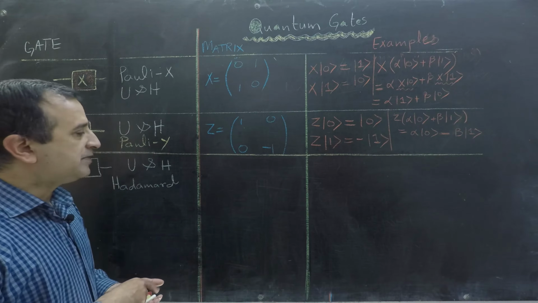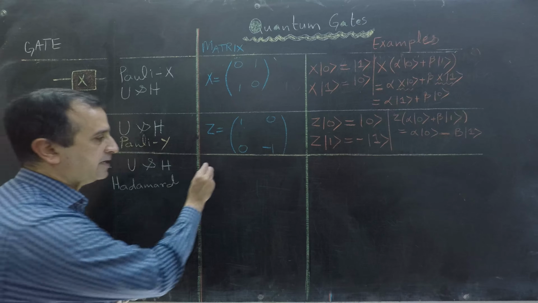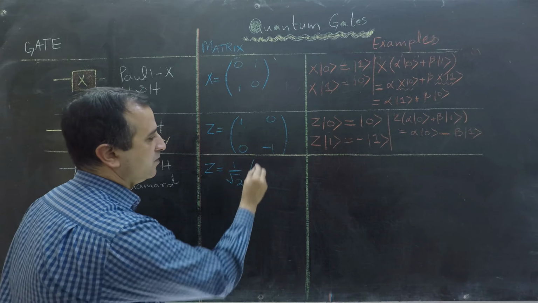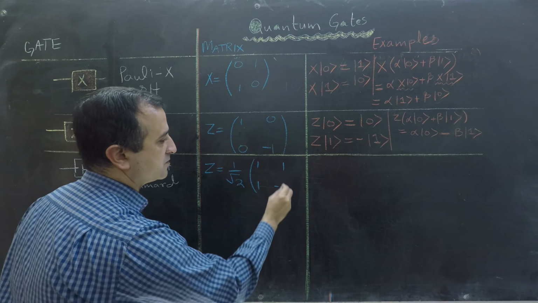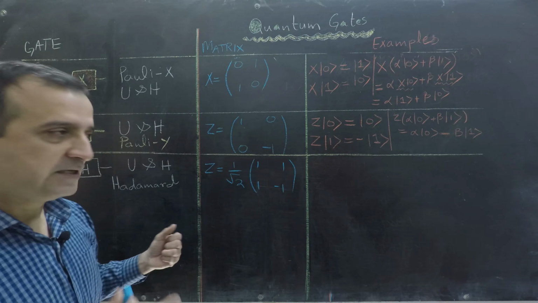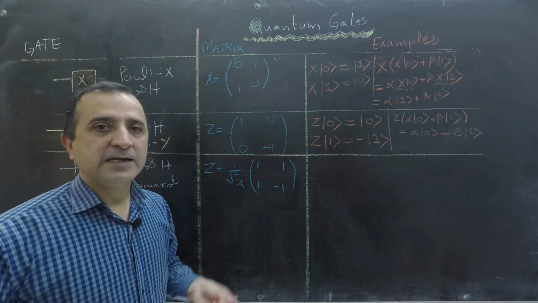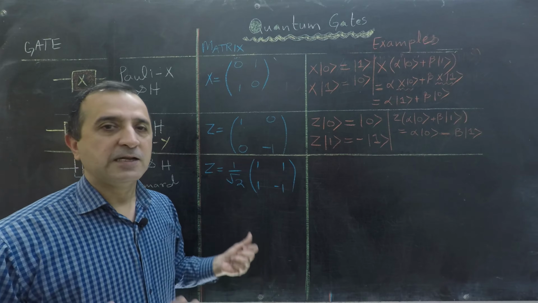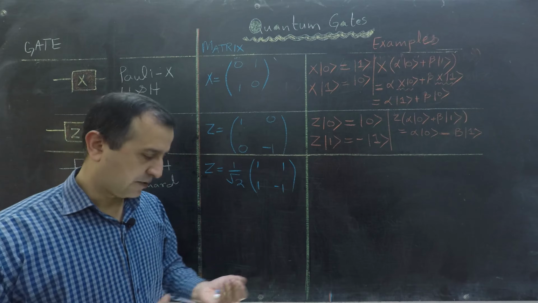So the matrix of this gate is 1 over square root of 2, 1, 1, 1, minus 1. And this gate is used so often in all the circuits because it takes a pure state, and from that pure state it creates an equal superposition.